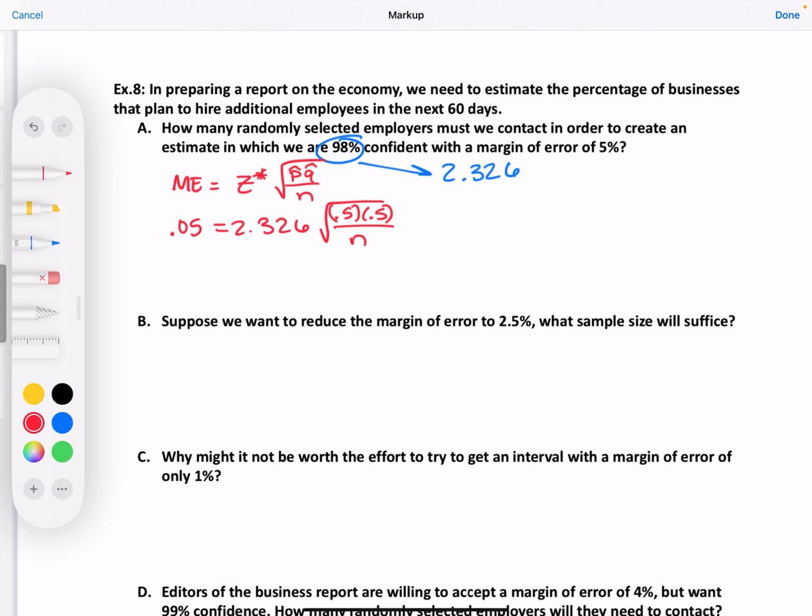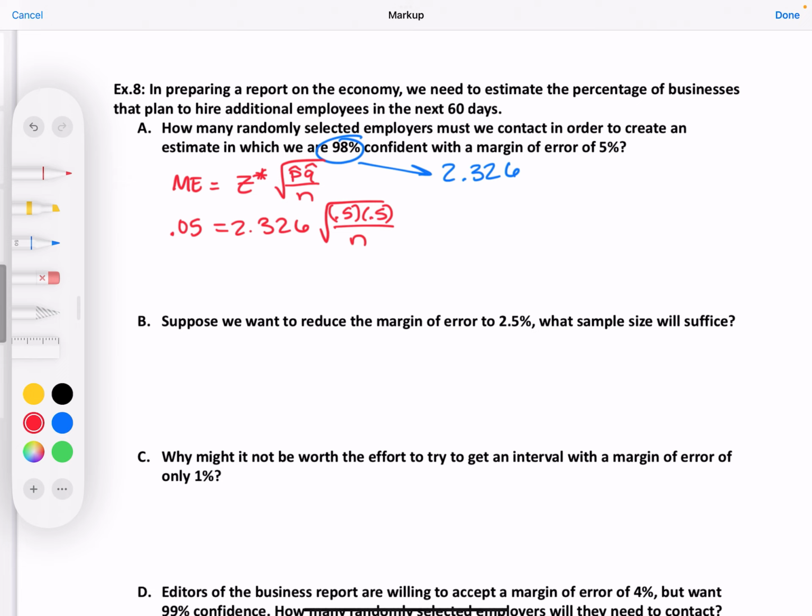And then you'll have to square that number. Okay, so that's like 0.0004 or something. But then do 0.5 times 0.5 divided by that number.